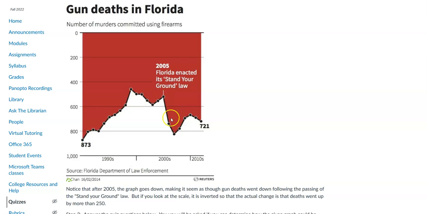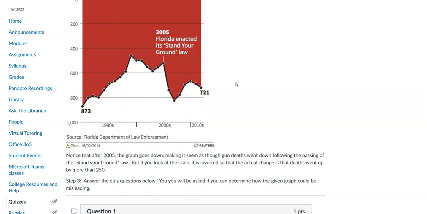And then all of a sudden that plummet is actually a spike that goes way up past 800. So enacting that Stand Your Ground law actually shot up gun deaths. But the way they have this, people will just look at it and it looks like it falls dramatically. So it's intentionally deceptive for no particular reason except that the law enforcement wants that law, so they don't want to make it look bad.